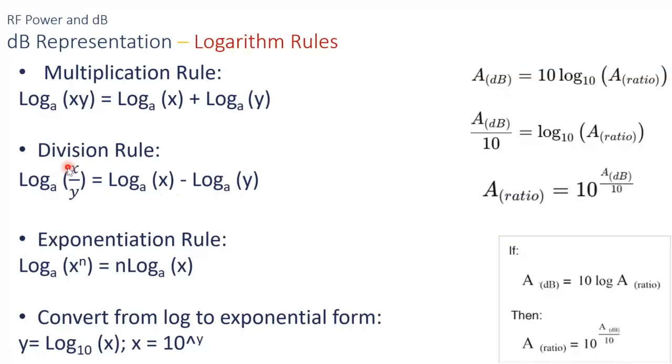Log of 6 divided by 3 equals log of 6 minus log of 3. This is the division rule. So for multiplication, log of x times y equals log of x plus log of y. For division, log of x divided by y equals log of x minus log of y. And for the exponentiation rule, this is very important: log of x power n equals n log of x.